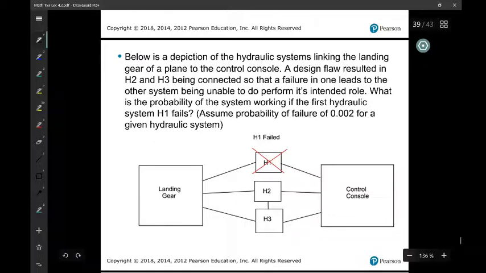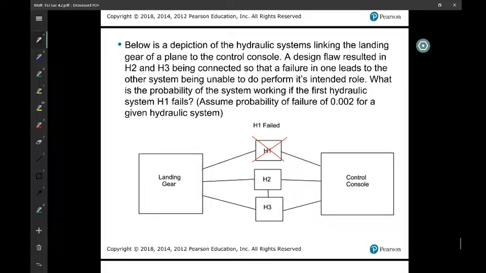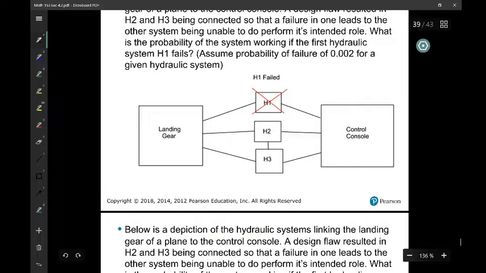So this one is independent of the other two, but let's assume that it failed for whatever reason on a given flight. Now we have two systems that are actually dependent. So if one fails, then it's 100% probability the other fails. It just won't have enough juice to get the job done.